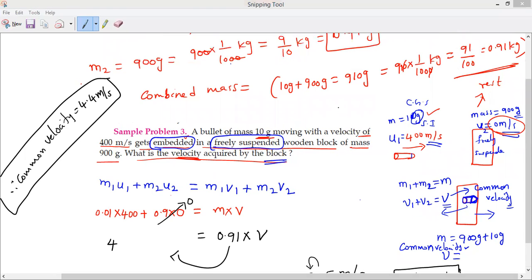Danishkar, you also try to solve. Once it is completed, let me know.